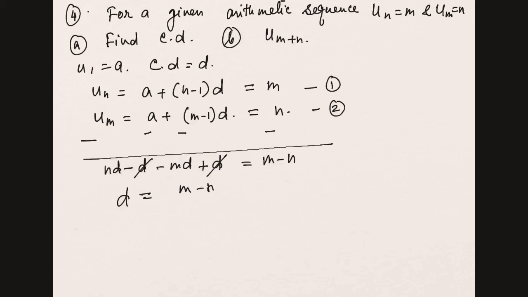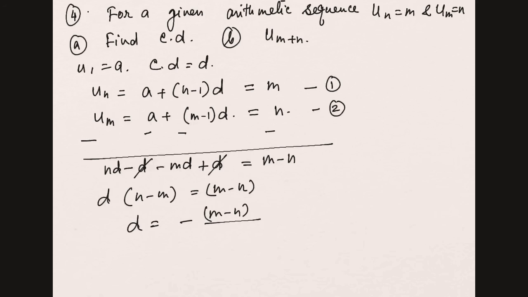Just do one more step here. I'm just taking this d common, that is (n minus m)d equals m minus n. So just multiplying both sides by minus 1, what I am getting, d equals minus (m minus n) over m minus n. So it is minus 1. My d is minus 1. So the common difference is minus 1.